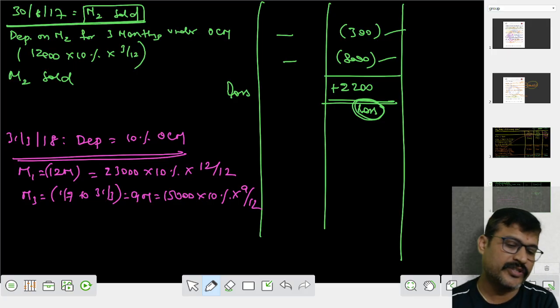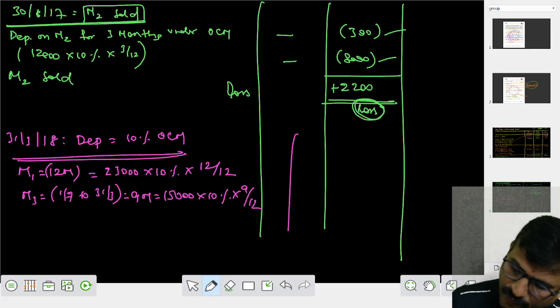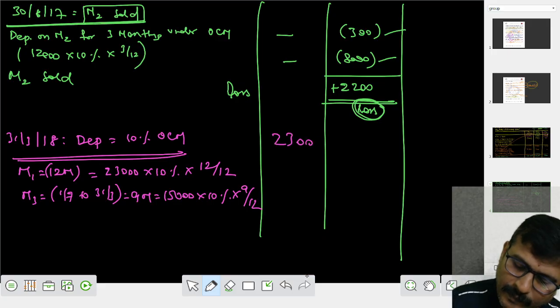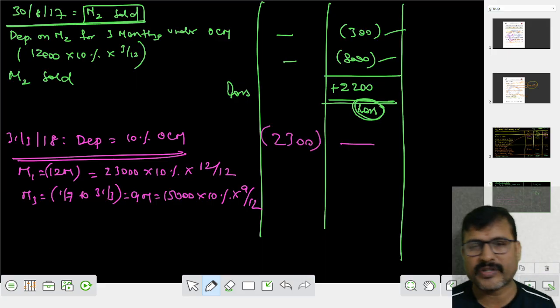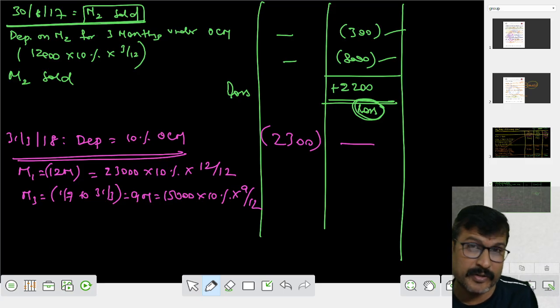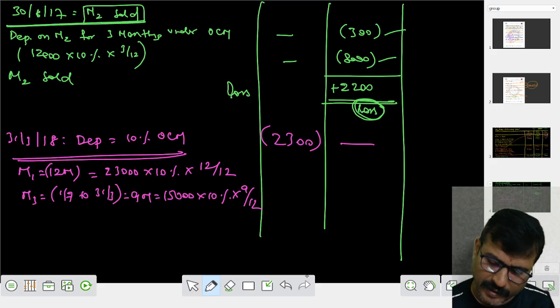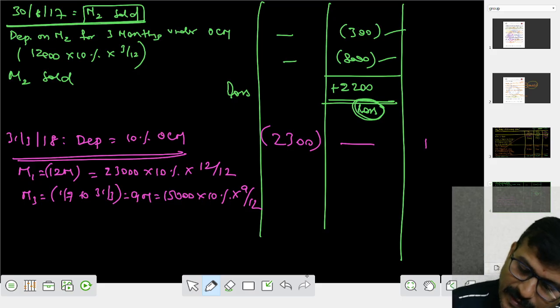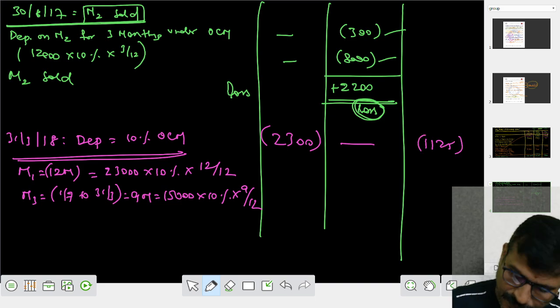Use a calculator, my dear children. For the first machine, it comes to 2,300. No depreciation for the second machine because the second machine is sold. Now when it comes to the third machine, 15,000, 10% into 9 by 12. It comes to rupees 1125.